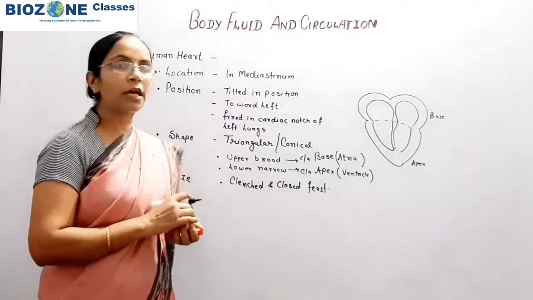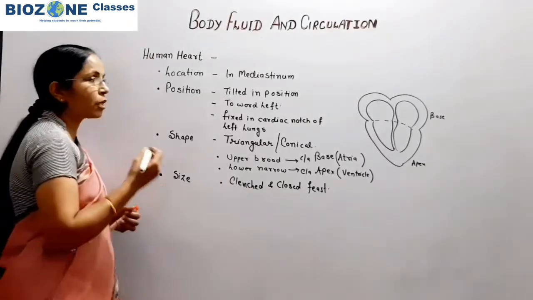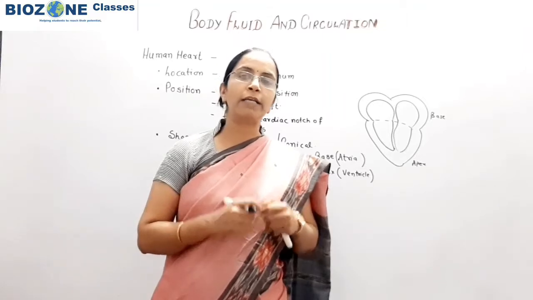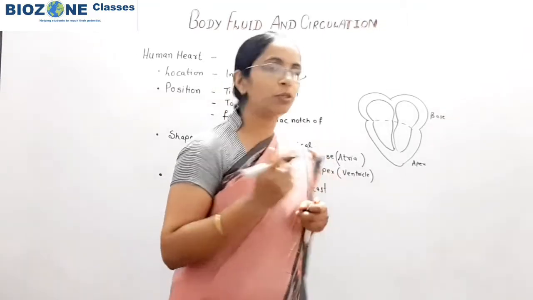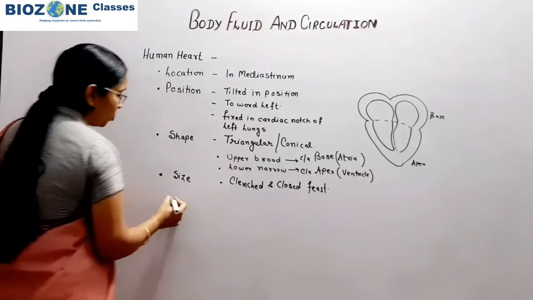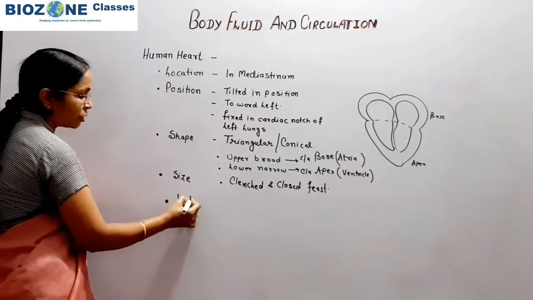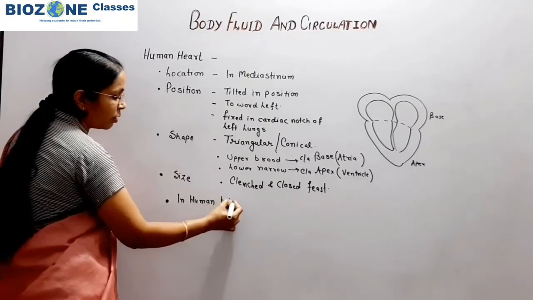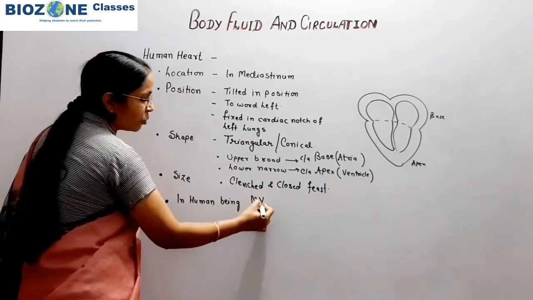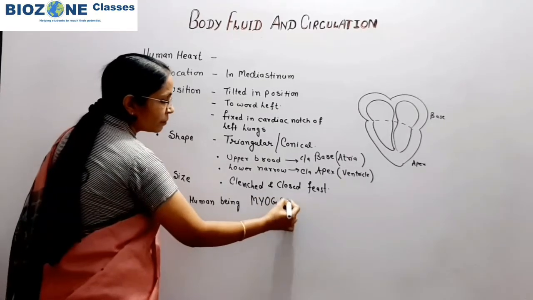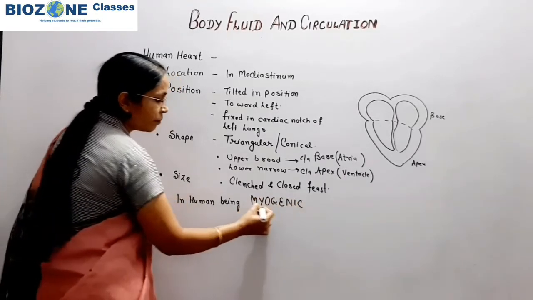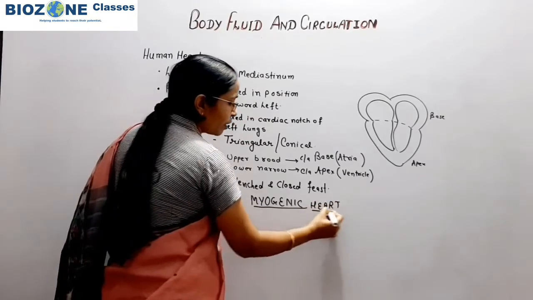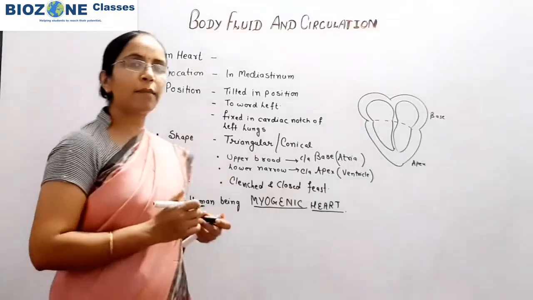When we study the types of heart, there are two types: one is myogenic and second is neurogenic. Predominantly in humans, the heart is myogenic. Now what is myogenic?